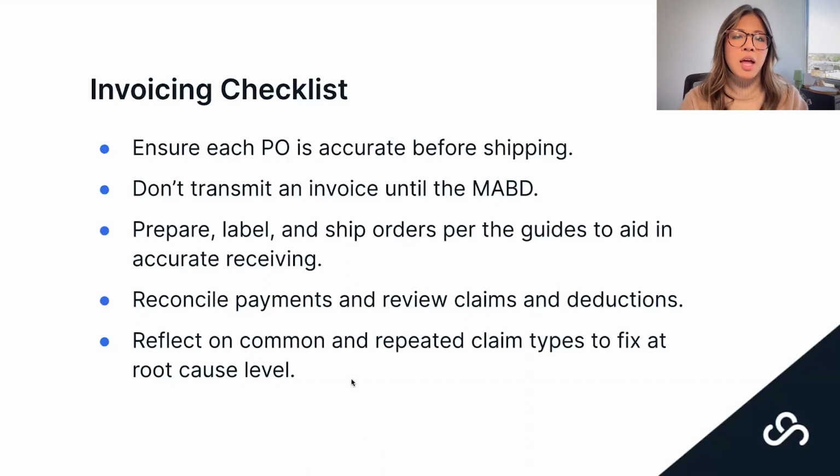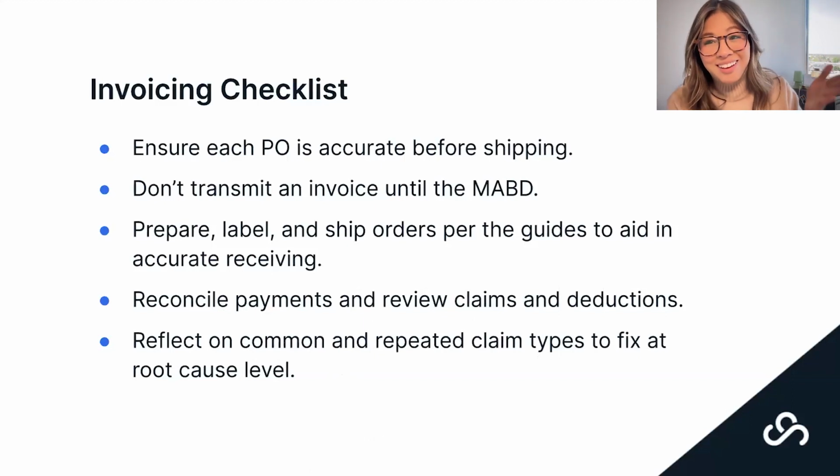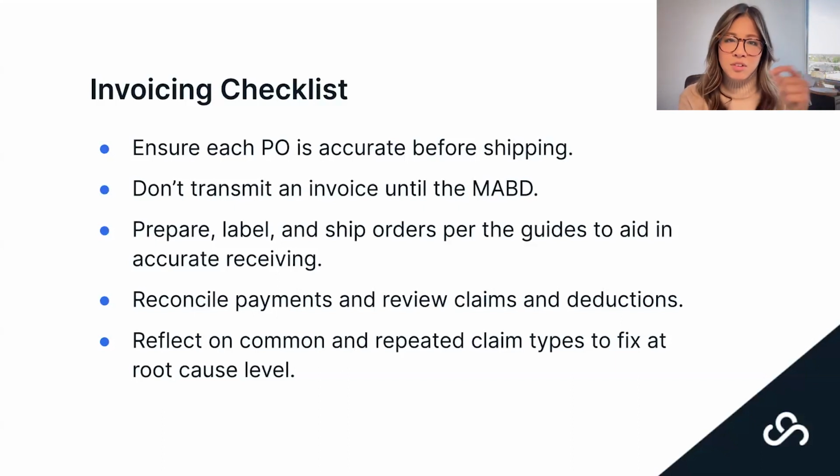The last one, which I think is really important for any supplier to Walmart, is understanding whether there are common and repeated claim types that you're receiving, so that you can figure out what's going on at the root cause level. The metaphor I use is the hamster on the wheel. If all you're doing is getting a deduction, fighting it, getting a deduction, fighting it, and not understanding that we're getting a lot of code 24s or code 10s, and figuring out why that's happening to stop it at the root cause, you're going to be fighting that every single PO.